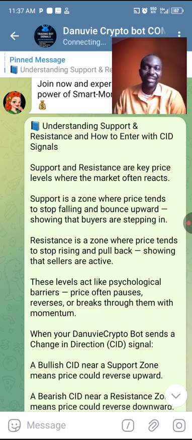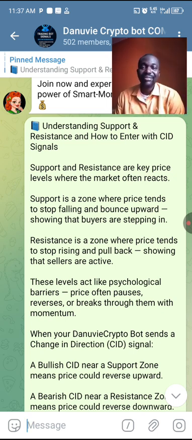At these areas, we as traders are meant to pay attention to know what is going to be the next move of price. Is price going to continue going up, or is price going to hold there and then come back down? That's why it says levels where markets often react.